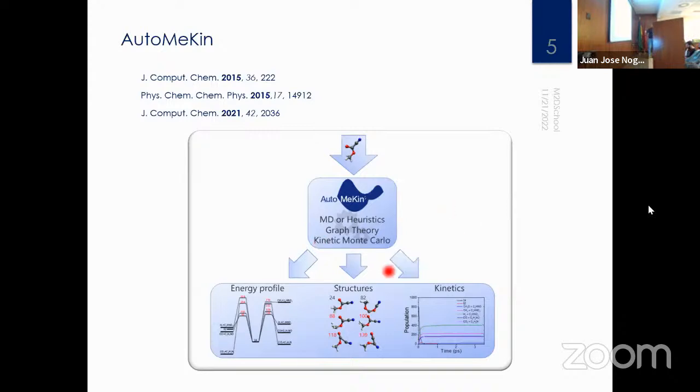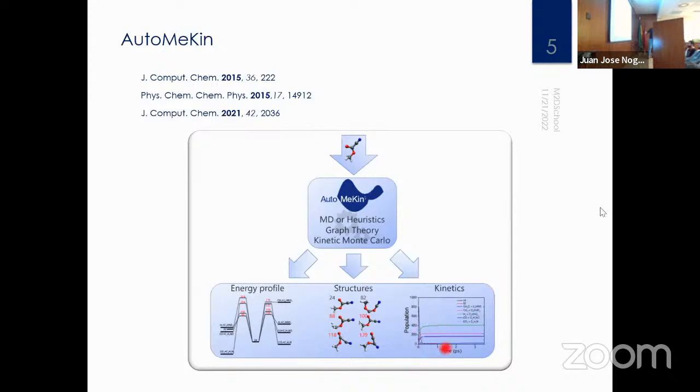So this is what comes out of the method. You can automatically generate the energy profiles for the different mechanisms and different pathways. You can get the structures fully optimized. And you can plot something like this with the kinetics. This is the population of the species as a function of time. You can see the decay of the reactant, the buildup of the different products.